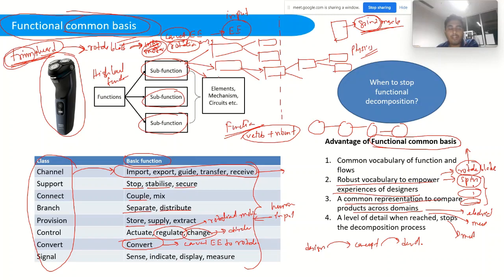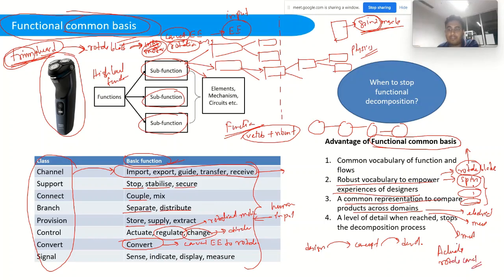But when you break down the higher level functions to sub functions, and then to sub functions, at the end when you reach the basic functions, it is the same across all the various disciplines. Whether it is an electrical product, at the end you say only things like actuate, rotate, or convert.